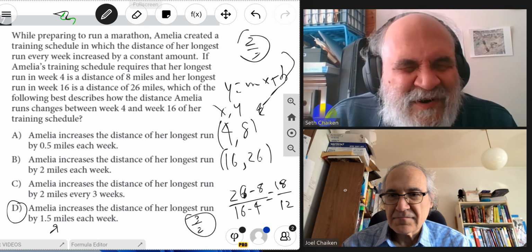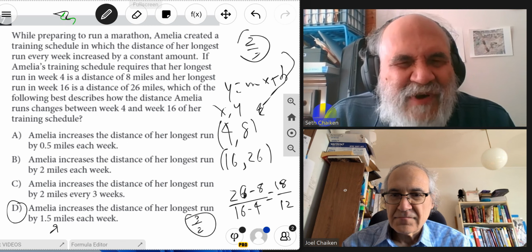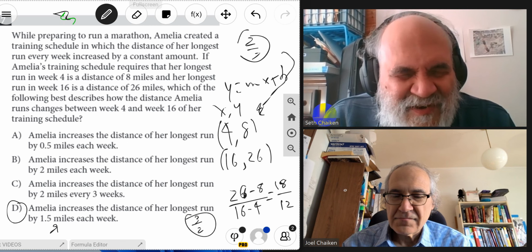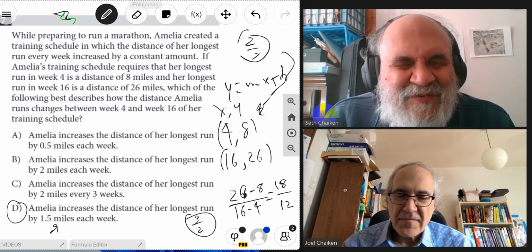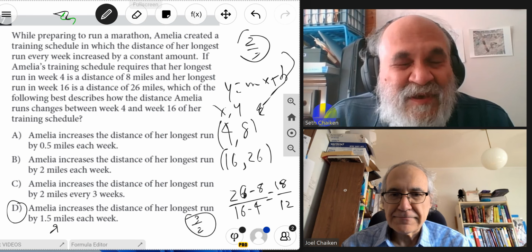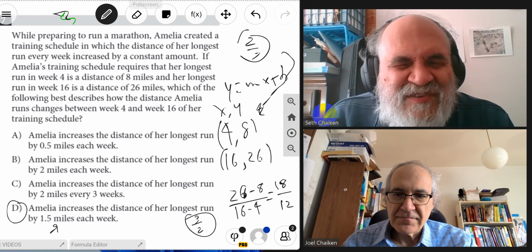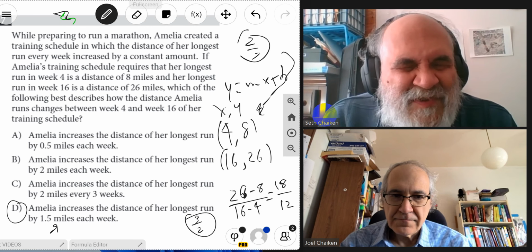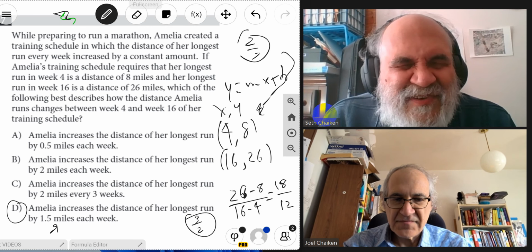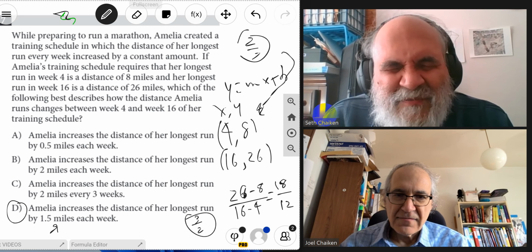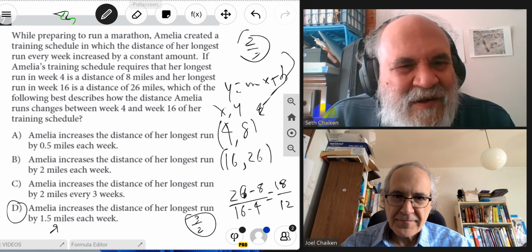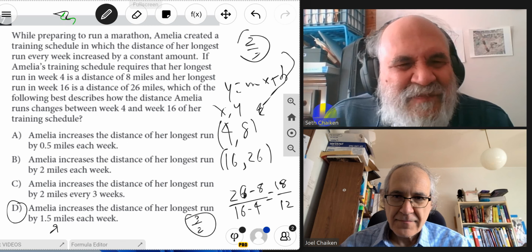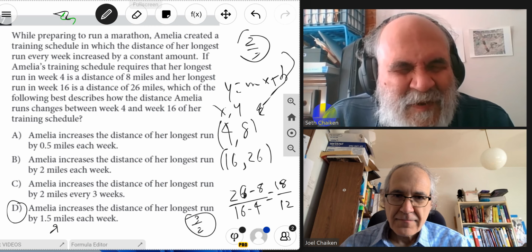She increases her distance from 8 to 26, so the increase is 26 minus 8, which is 18. And the number of weeks in which she does it is the difference between week 16 and week 4, which is 12. So the distance of the longest run increases by 18 during 12 weeks.